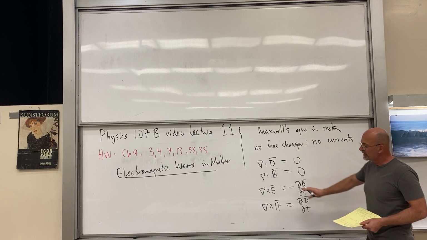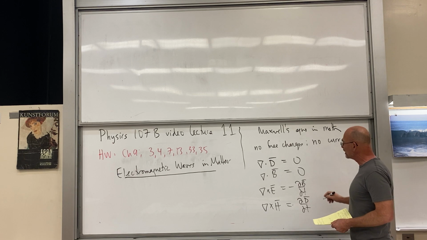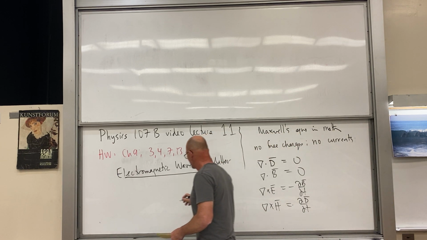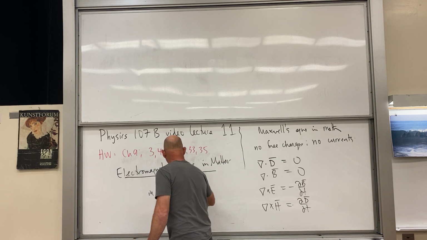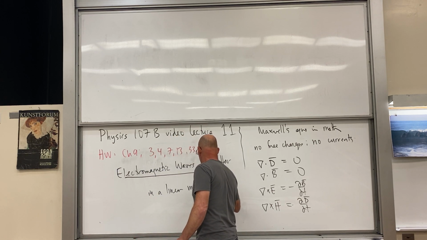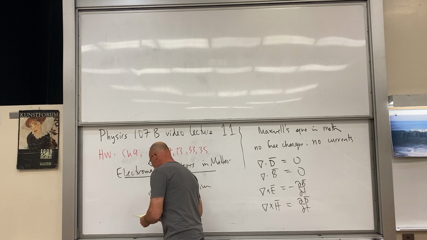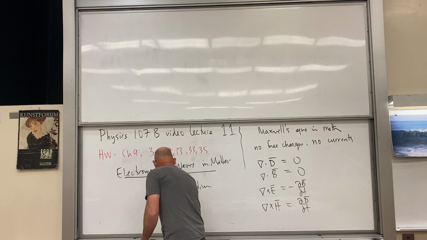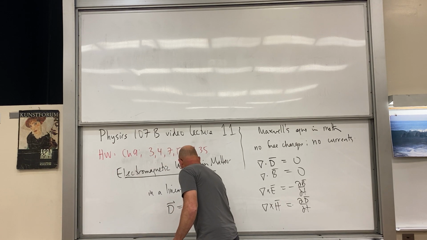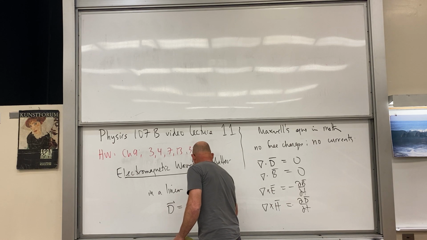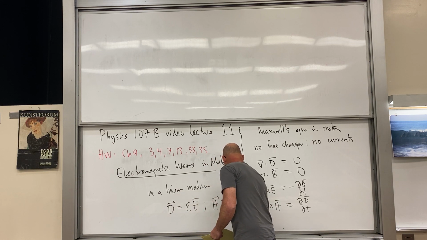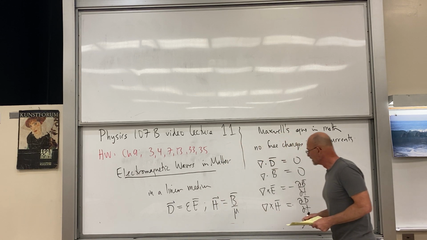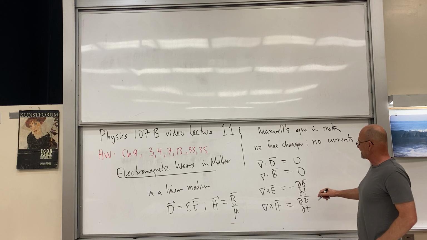So of course we have too many quantities here, but we have a linear medium. In a linear medium, we have these relations. The displacement is proportional to the electric field, and H is also proportional to the B field. So we can go ahead and plug these in.